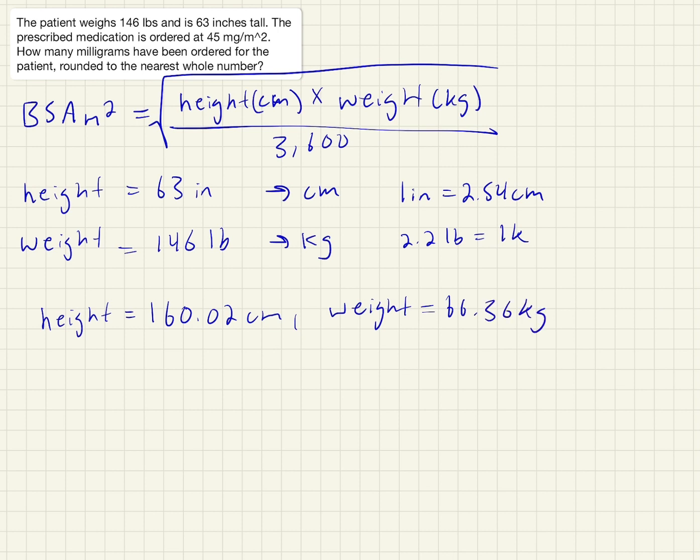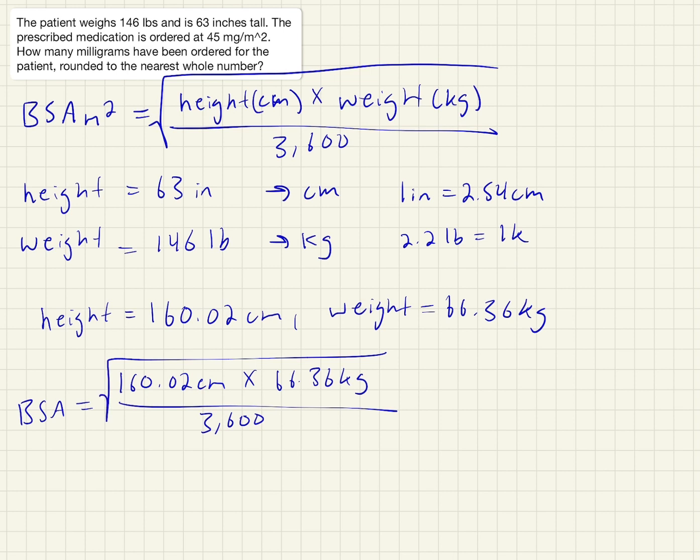So now we have our units the way they have to be for that formula, so we can go ahead and plug everything in. Our BSA for this patient is going to be 160.02, that's centimeters, times their weight in kilograms, 66.36 kilograms, over 3,600, and then we're going to have to square root all of that.